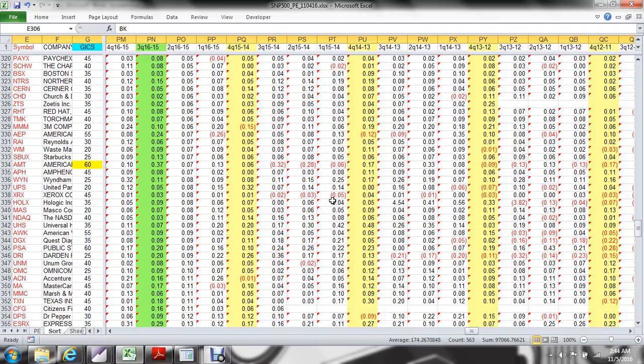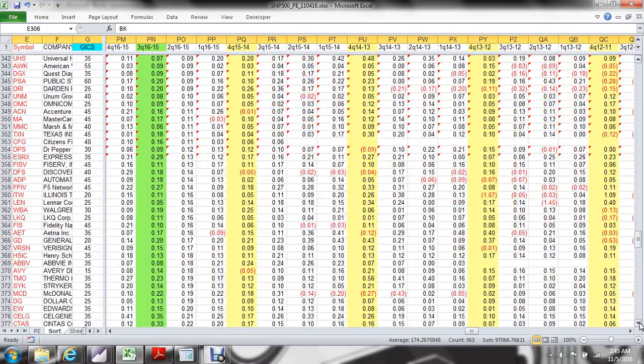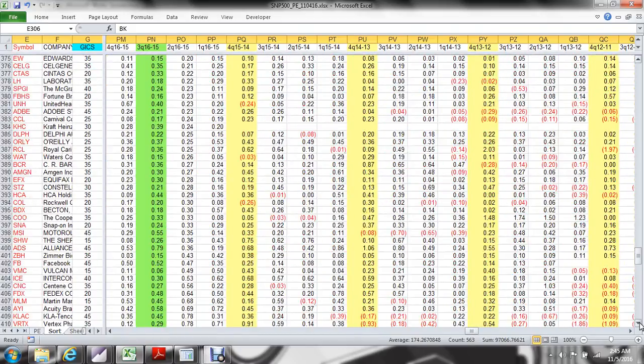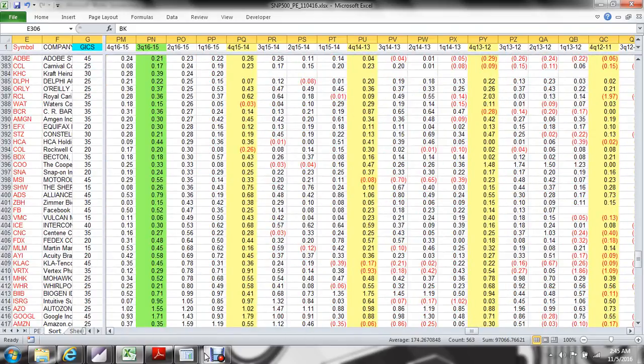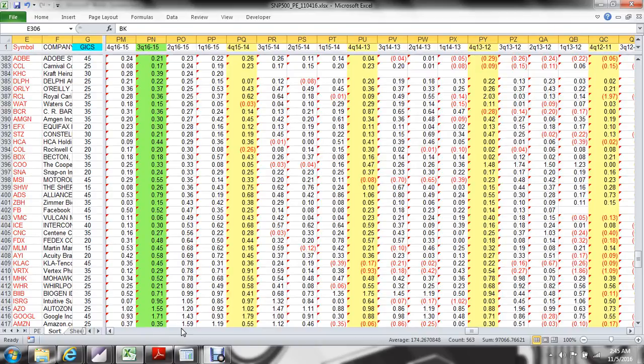Others, they're spotty. They've come back from a period of losses, and they're starting to come back into growth again. But if we look at what these right here are, the companies that have already reported.